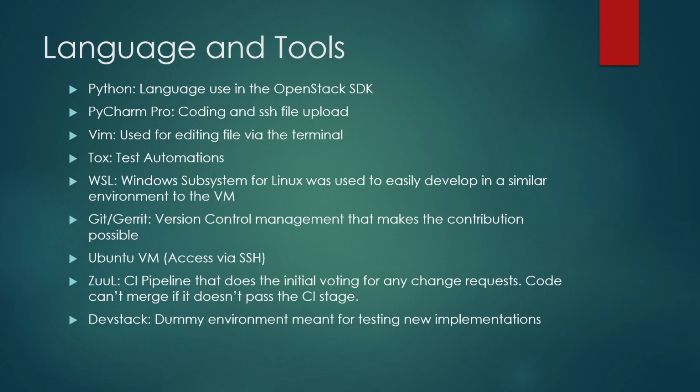Again, Ubuntu was used for the remote VM environment. I accessed it through SSH via an SSH key that I had to set up at the start of the mentorship. Zuul is the CI pipeline they have set up on the Gerrit environment.